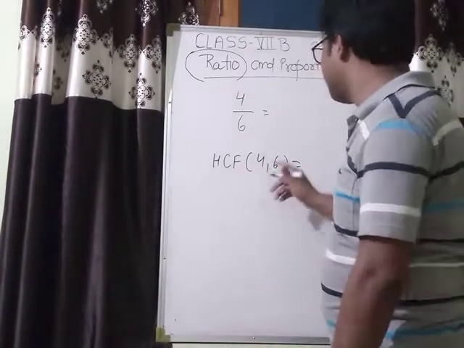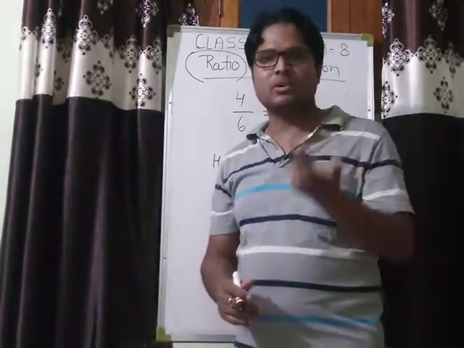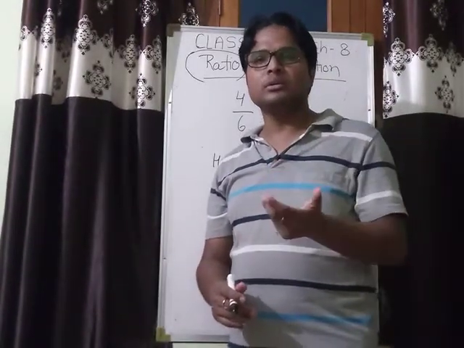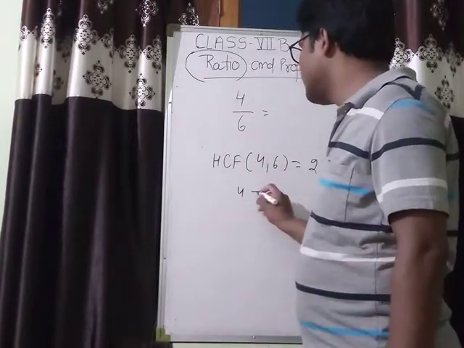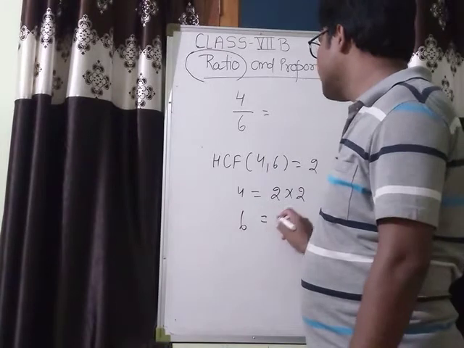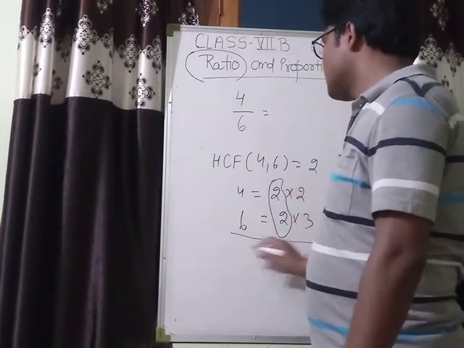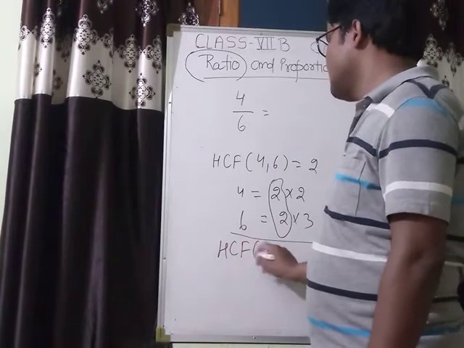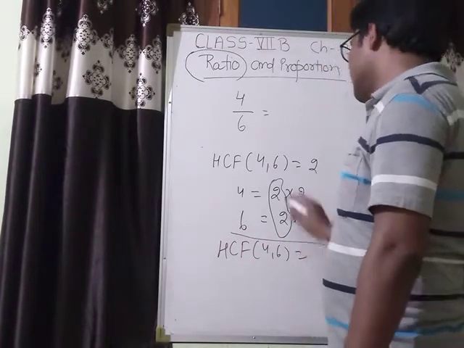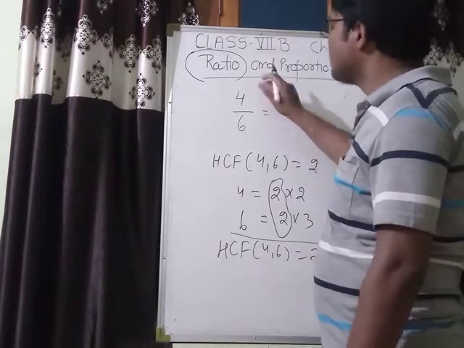We can easily find it by using prime factorization. Prime factorization of 4 is 2 into 2 and of 6 is 2 into 3, so the HCF of 4 and 6 is clearly 2.